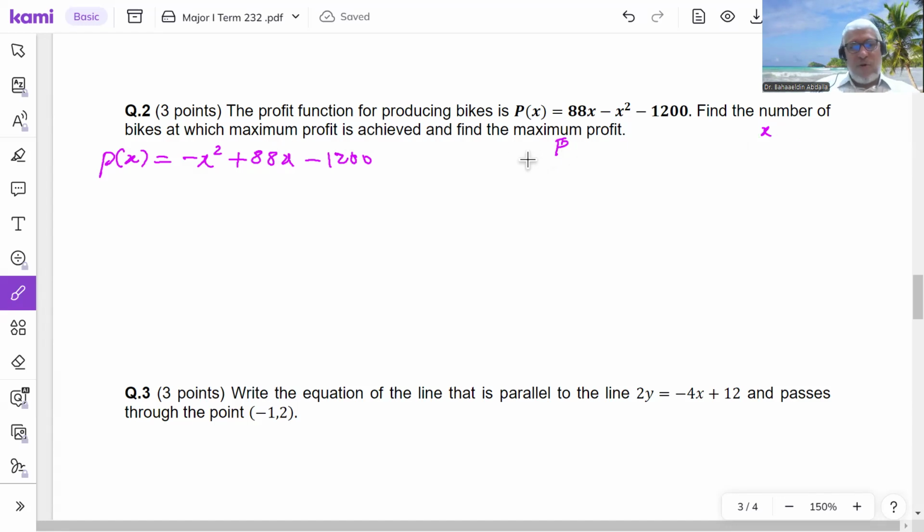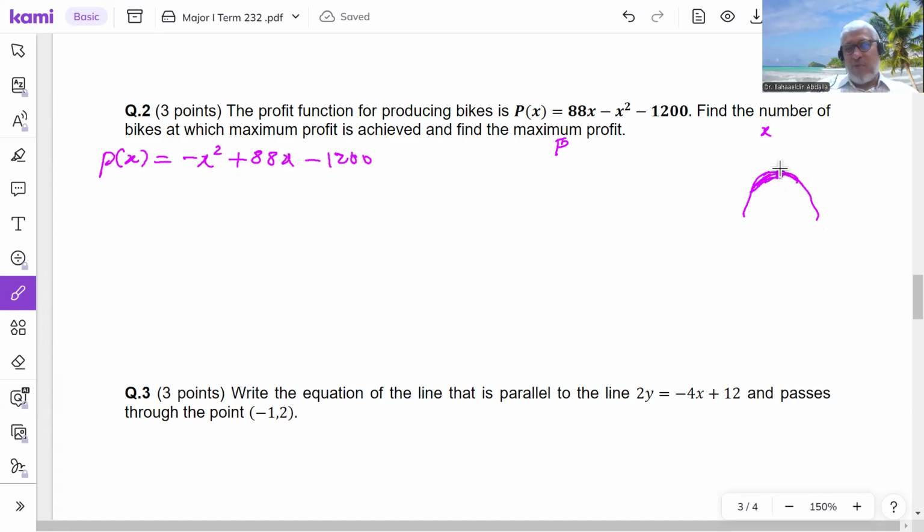Well, whenever you have a degree 2 function like this, the graph of a quadratic function is a parabola. And if the coefficient of x squared is positive, the parabola opens upwards. But here, the coefficient of x squared is negative. So this means that the parabola opens downwards. Well, this point is called the vertex, and it is the highest point in this case in the parabola.